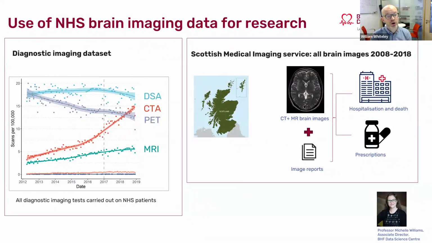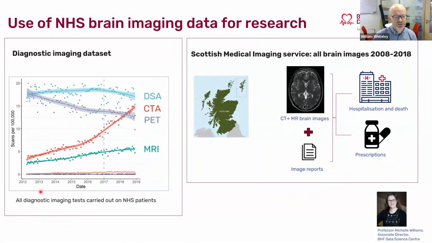So in front of you on the left of this slide is research that Michelle Williams, who's leading this theme, has done in the diagnostic imaging data set that's been relevant to cardiovascular research. If we just look along the x-axis here, we've got years, and along the y-axis, scans per 100,000 people.